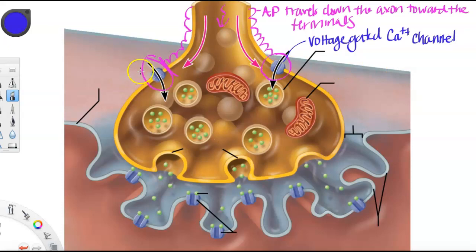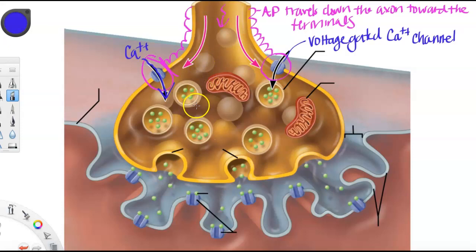So the voltage that comes through there opens these gates. When they open, calcium is going to enter. There is more calcium on the outside of the cell in the extracellular fluid than inside, so by diffusion, calcium goes right into the axon terminal.